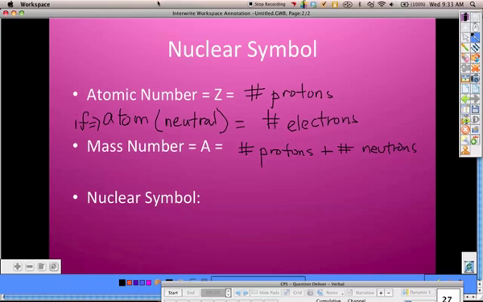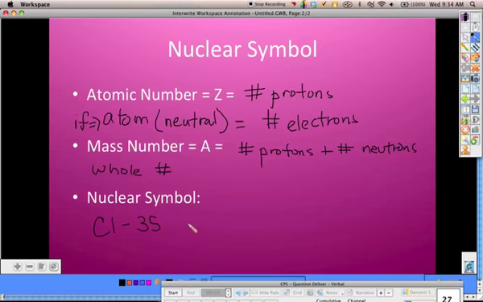So, the mass number for our nuclear symbol is just the number of protons plus the number of neutrons, so this is always a whole number. Never a decimal. You might see something like this. If I have Cl35, you might ask me to write the nuclear symbol for Cl35.